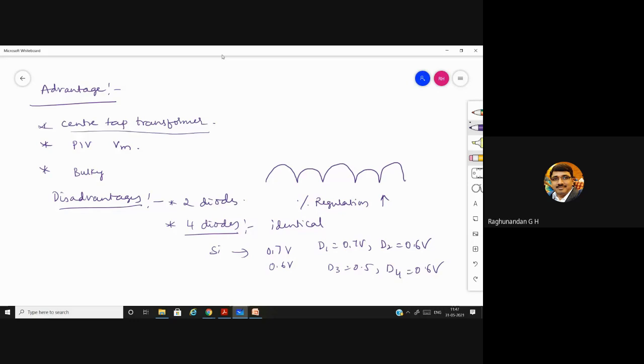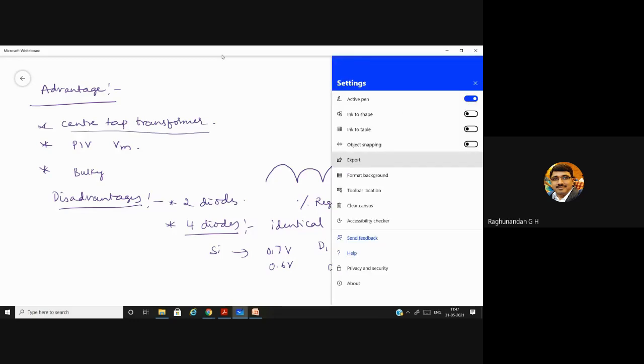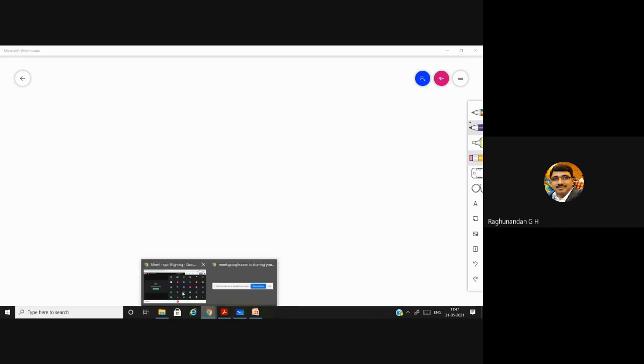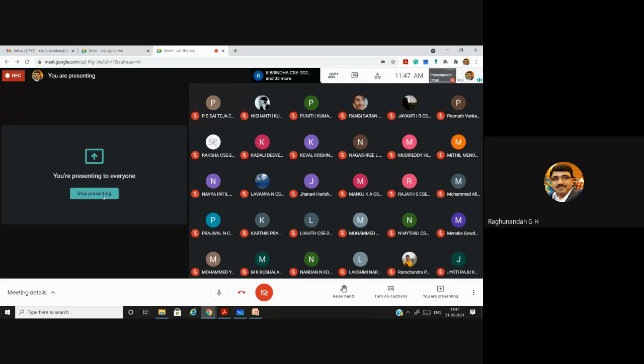So this is about the bridge rectifier. After this, we have the regulators. Before going on to that, we will solve some problems, and then we'll go on to the remaining part.